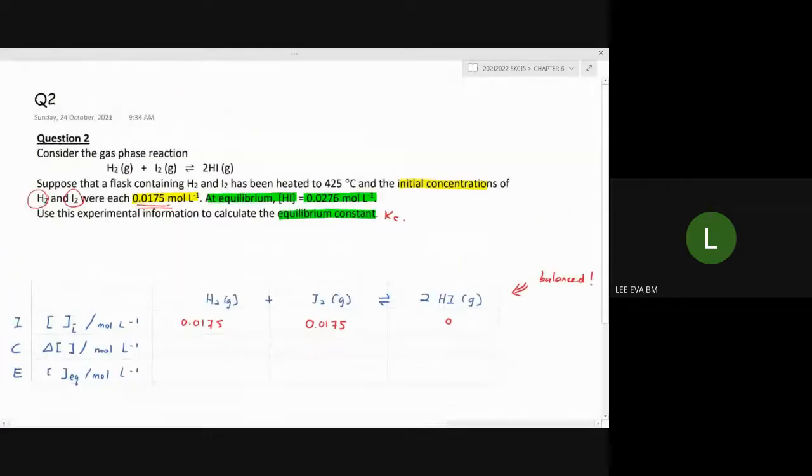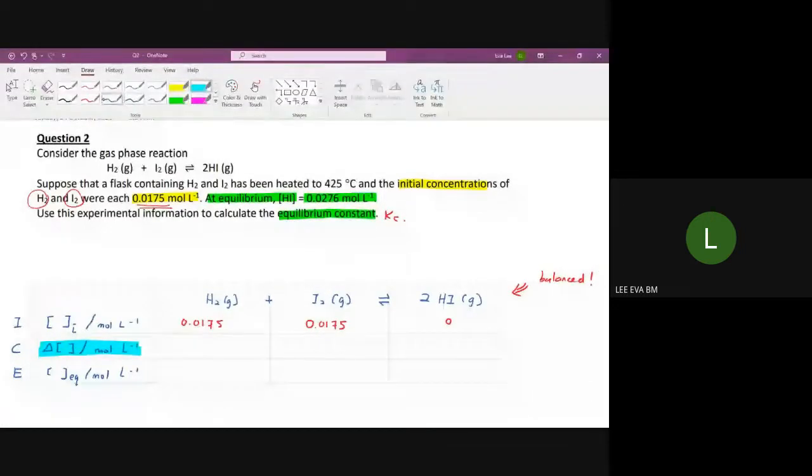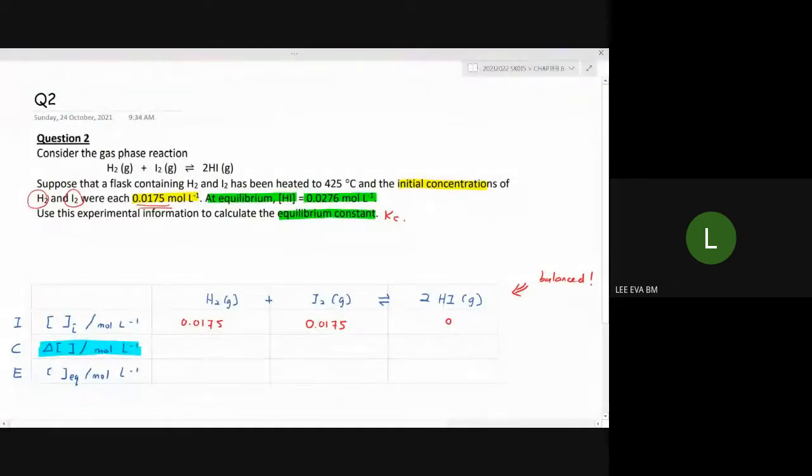So pay attention to the second column over here. When Madam says you need to have a balanced equation, it is because it is important for this column, change in concentration. Over here, hydrogen, we have only 1 mole.